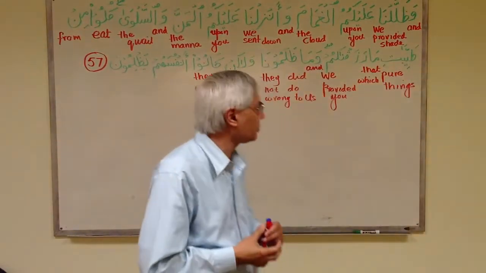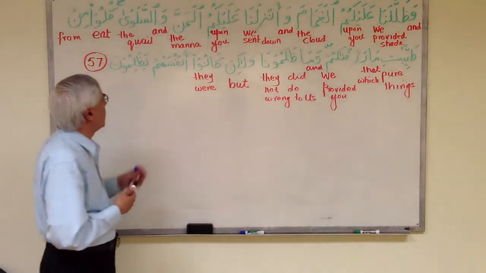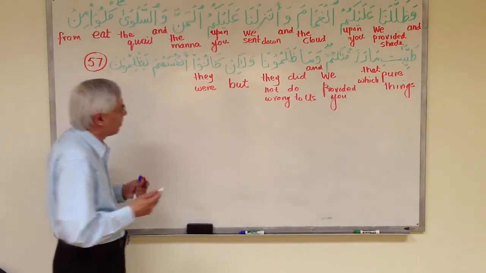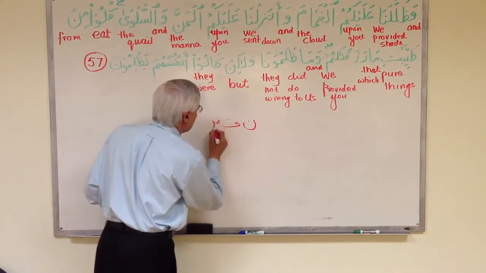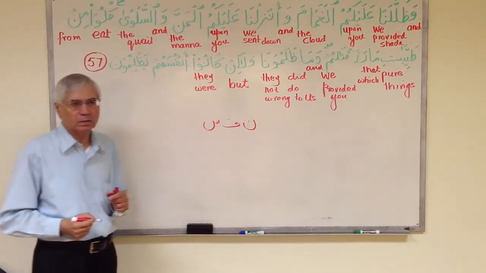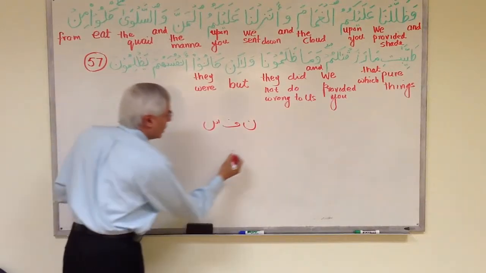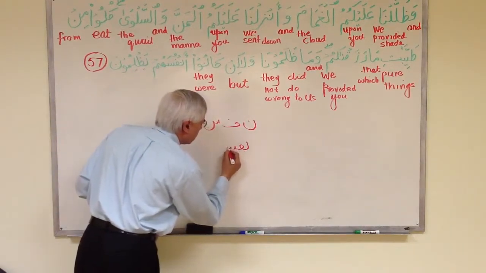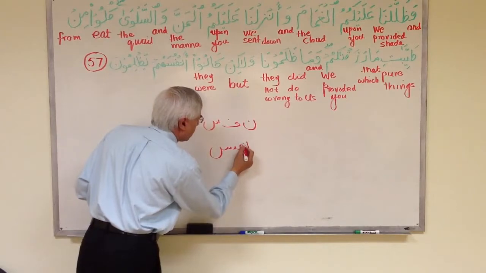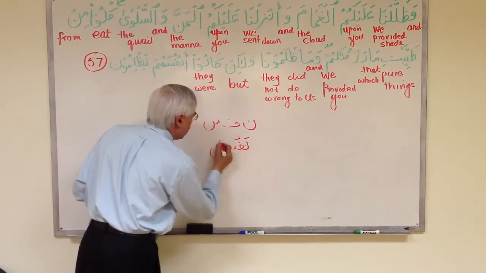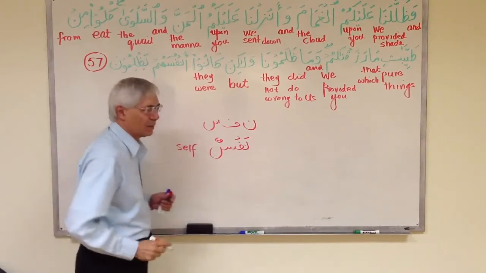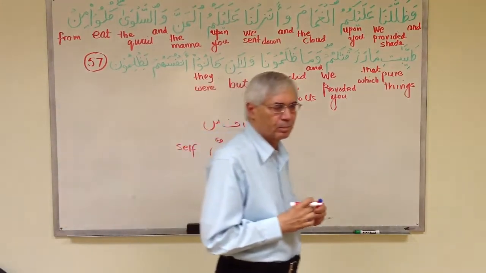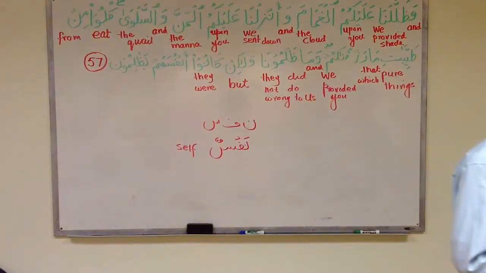But anfusahum, these are noon, fa, and sin, the root letters. Nafsun. Nafsun means self, like myself. Nafsun is a soul or a person or a self.